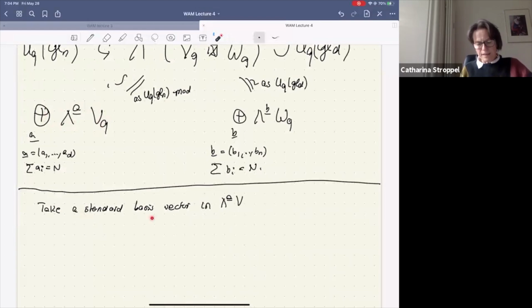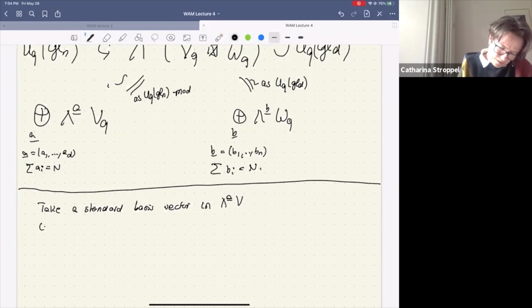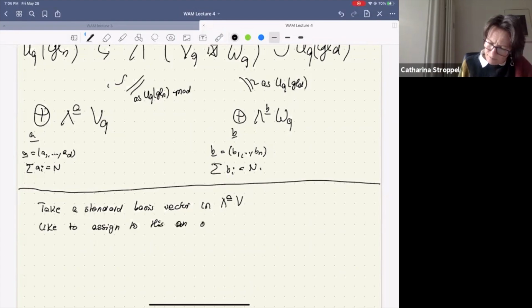So the standard basis vector is supposed to get mapped to something in the Grothendieck group. And ideally it's mapped to an isomorphism class of an object. So what I would like to do is assign to this an object in some category, C_A, whatever C_A is.